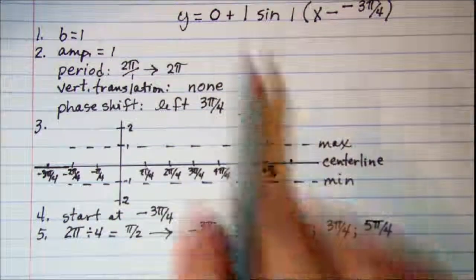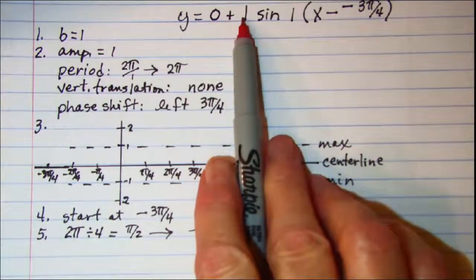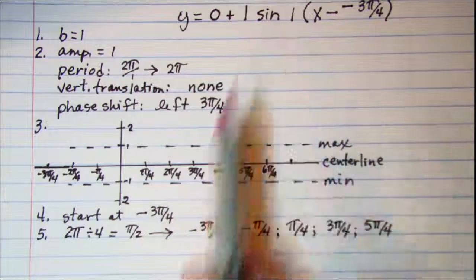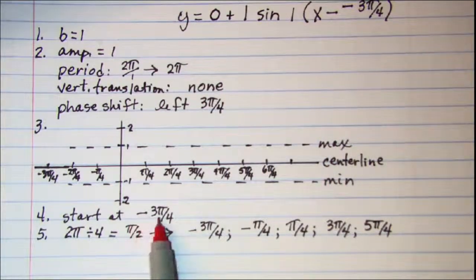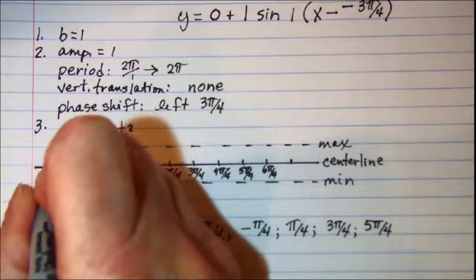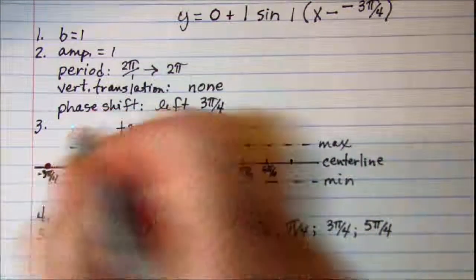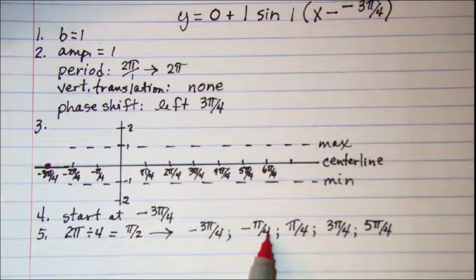So we said that we were going to start at the center line and head up. Since this is a sine curve, our starting point is at negative 3 pi over 4. So my center line is the axis. So I'll start right here and head up. My next value is at a negative pi over 4.